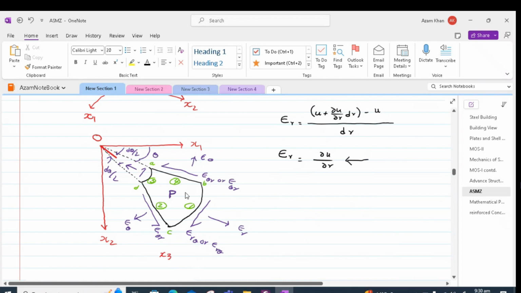We subtract that from the displacement of 3, which is u, and we get the change in length. We divide that by dr, and hence we get partial u by partial r. That is to say, u gets cancelled with this u, and dr gets cancelled with the dr in the denominator. In the end, we are left with partial u by partial r.